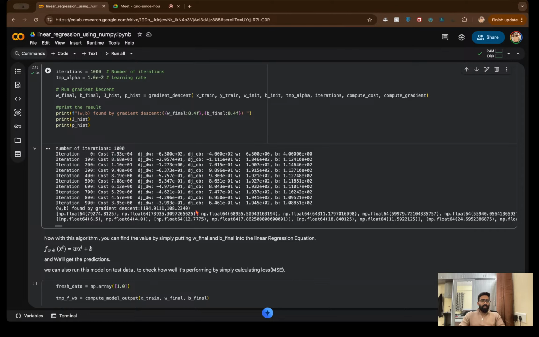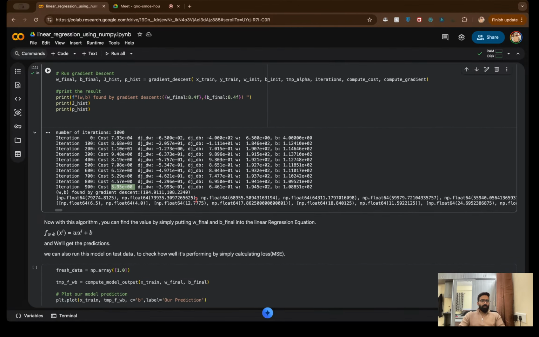But finally it has given me the value where the cost is very low. This is the lowest value that it can reach. Through this, it will be able to predict the values of W and B.